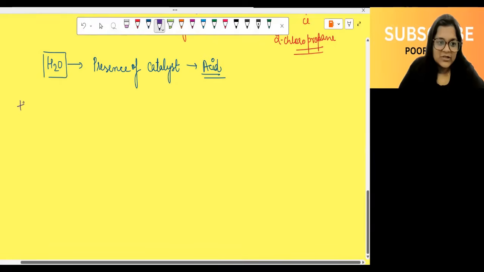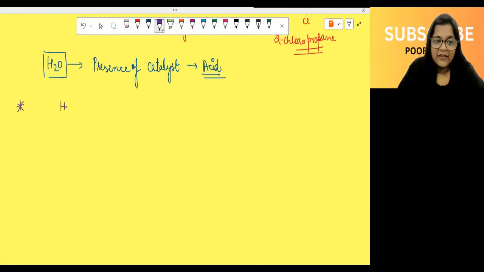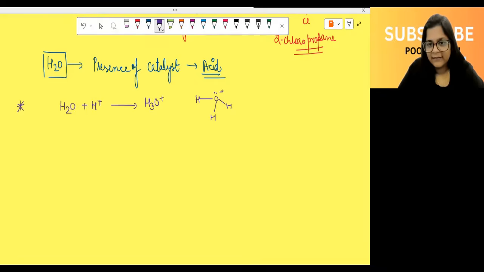The very first reaction that happens over here is the water reacts with H positive, which is an acid, and forms hydronium ion H3O positive. Now the H3O positive is something like this. This is basically positive, and this is partial positive. Yeah, a coordinate bond has been formed over here.